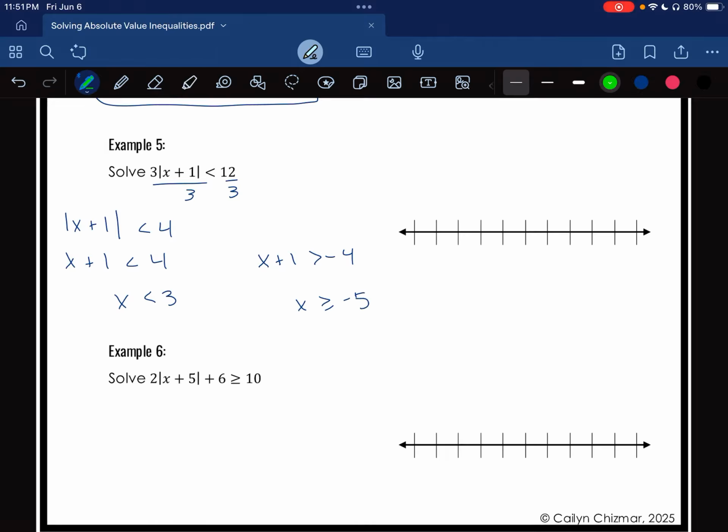And I'll start graphing again. Let's go. -6. All right, so we got a closed circle at 3, closed circle at -5, pointing towards each other.